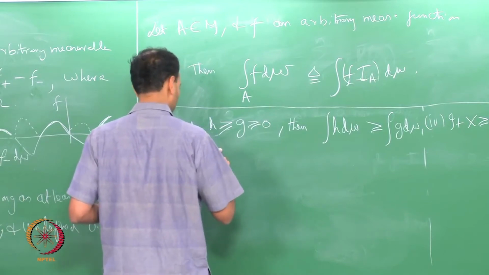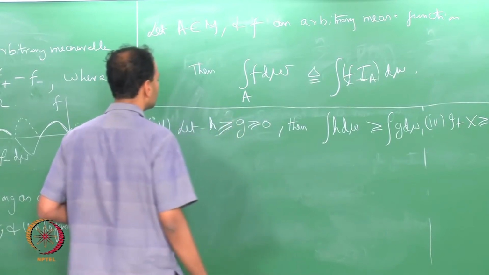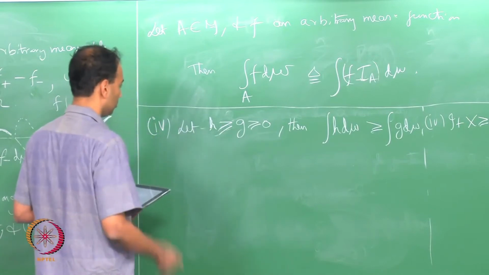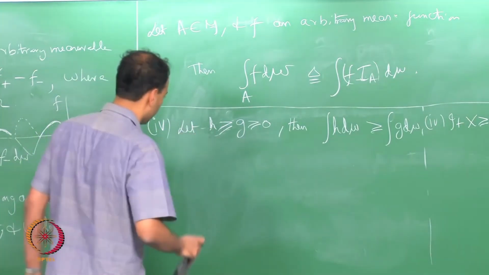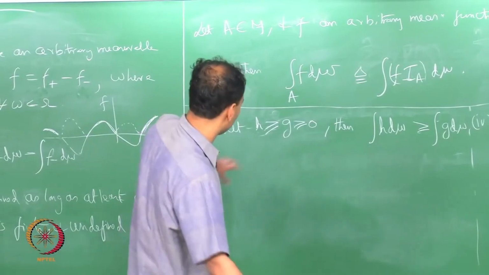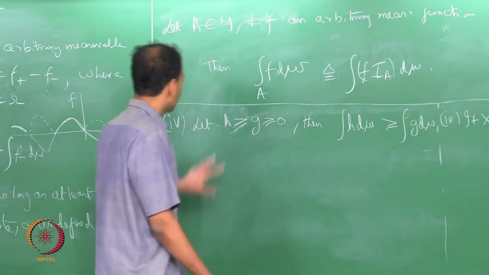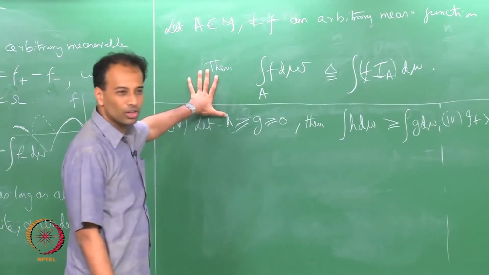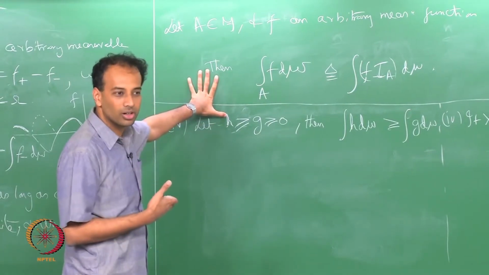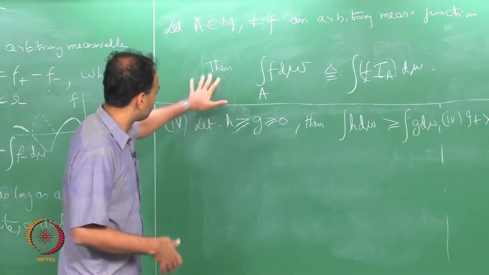So how do you prove this? Now you have to do two things. I am just sticking to non negative functions now. You can actually prove this even more generally, but once you prove it for non negative functions, it is easy to prove in more generality.